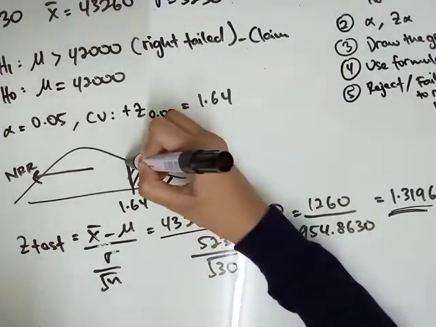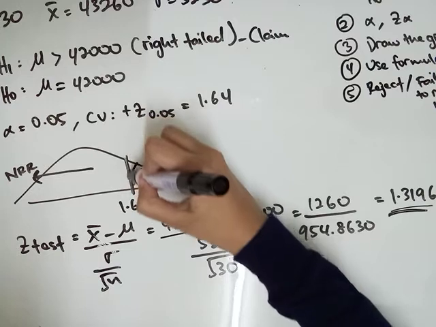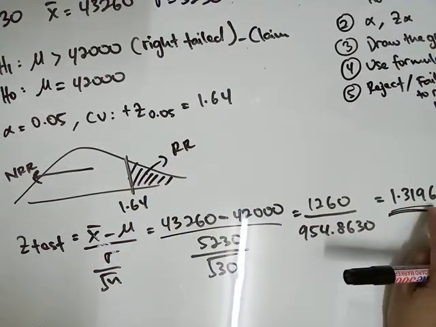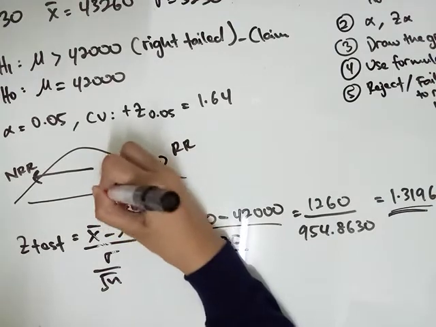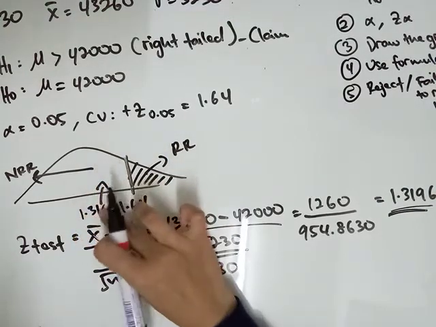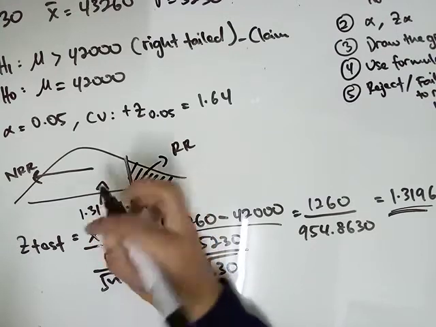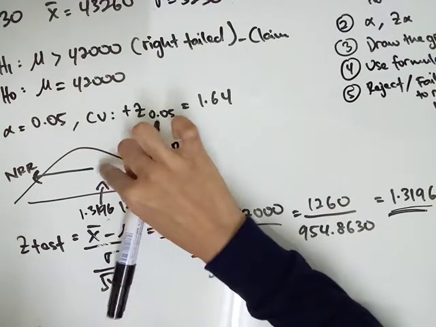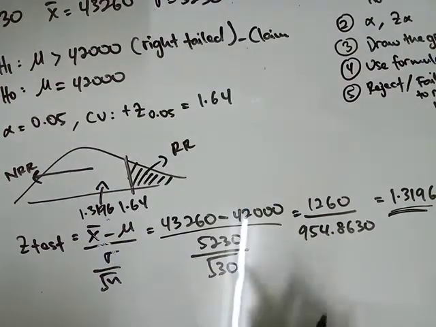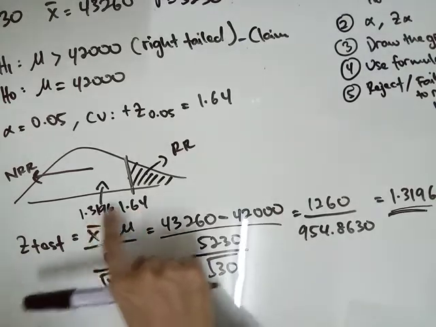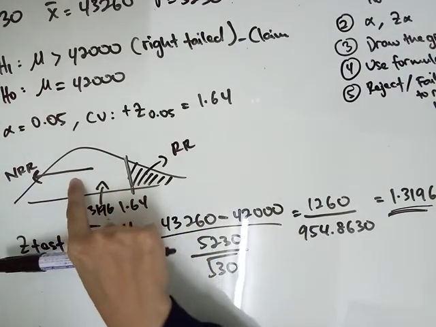Kita tengok pada critical value dia tadi. It is 1.64. So we know that 1.3196 is in NRR. Tak perlu detail sangat point dia tu dekat mana. Kita just assume 1.3196 dia dalam NRR. Okay, sebab 1.3196 is less than 1.64. So kita tahu it is position in NRR.